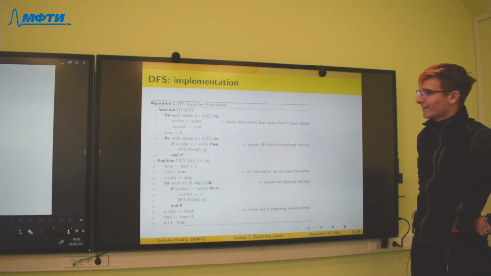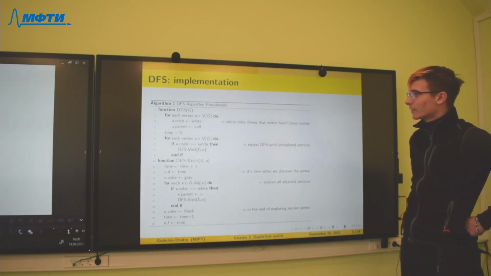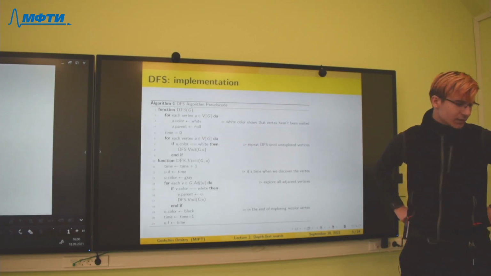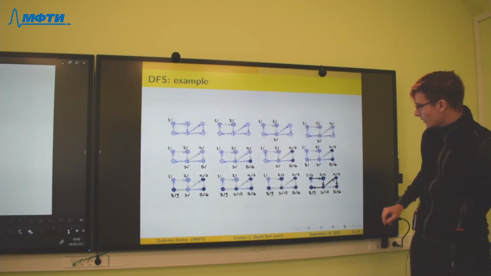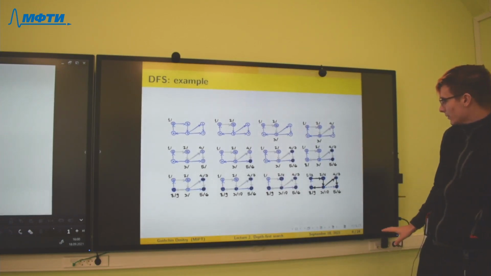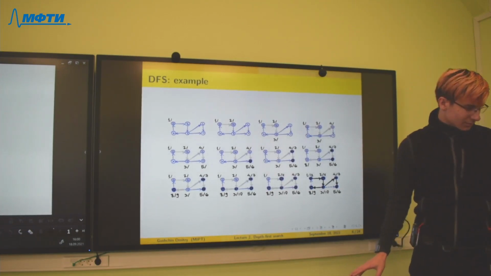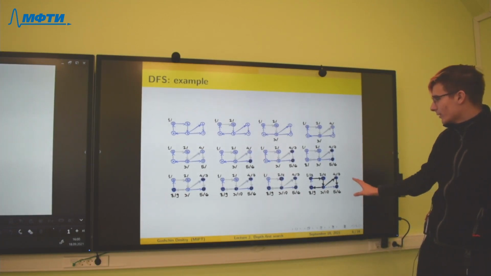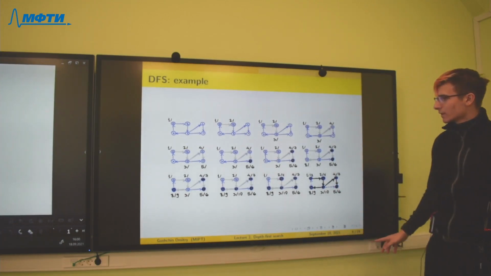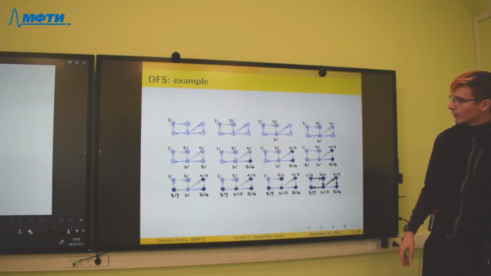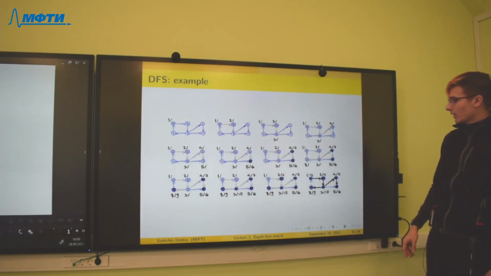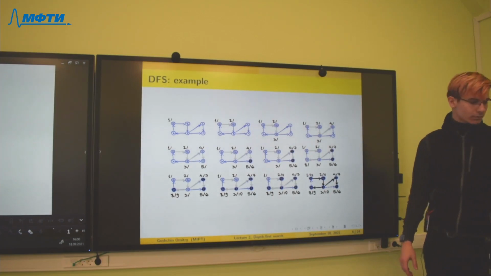Because we have different applications of this algorithm, and so we need these times, and we will say in some minutes why it is good to store the time when we explore a vertex and the time when we finish exploring it.